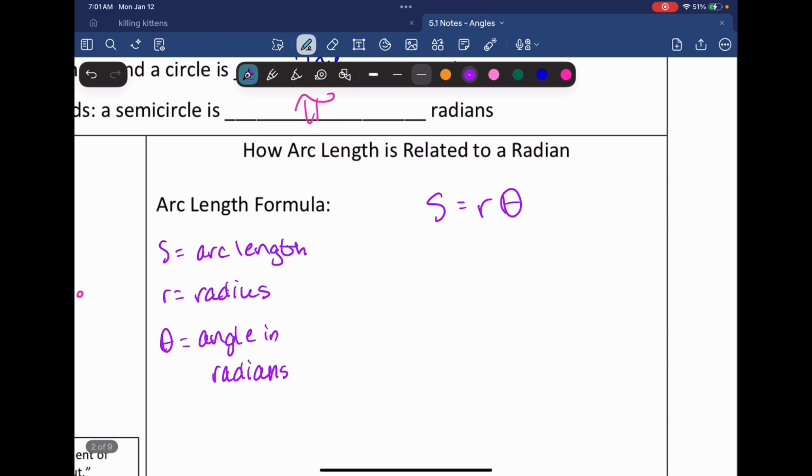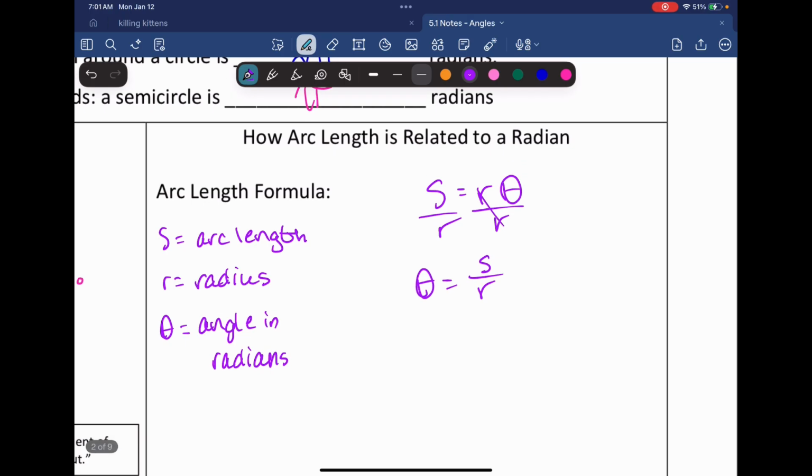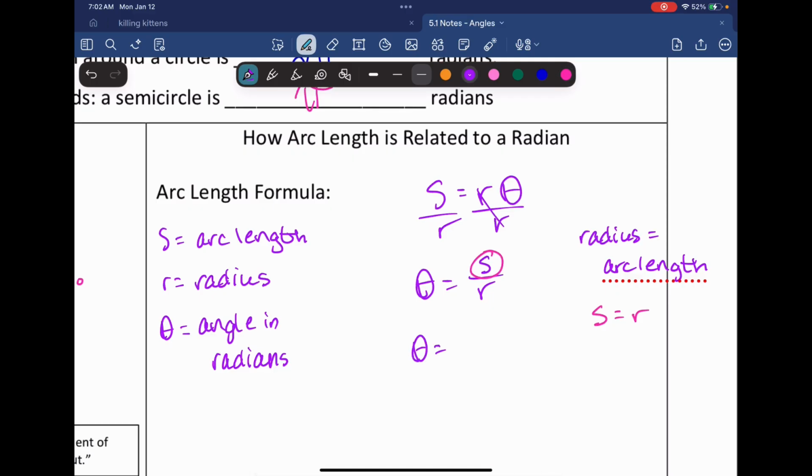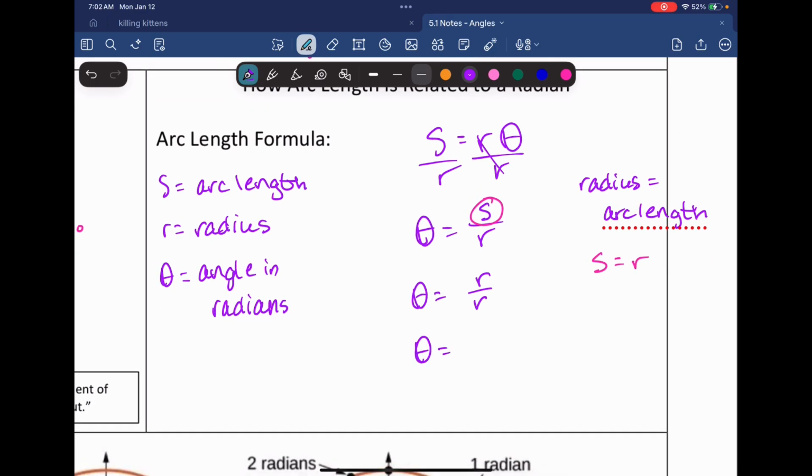So I'm going to solve for theta here, which means I'm going to divide by r. Theta equals arc length divided by radius. Well, a radian is when the radius equals arc length, which means S equals R. So I can sub R for that S. Therefore, theta equals 1 radian.